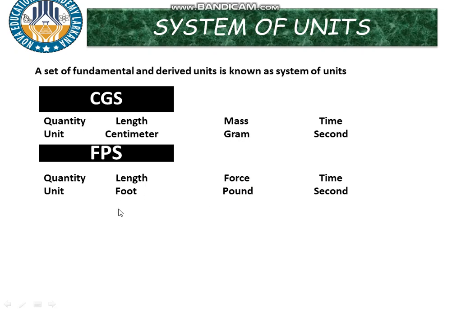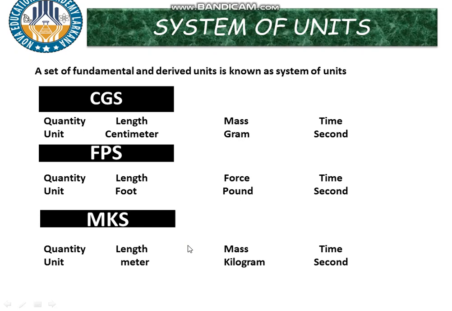Means in the FPS system the three fundamental quantities were length, force, time. The unit of length was foot, the unit of force was pound, the unit of time was second.